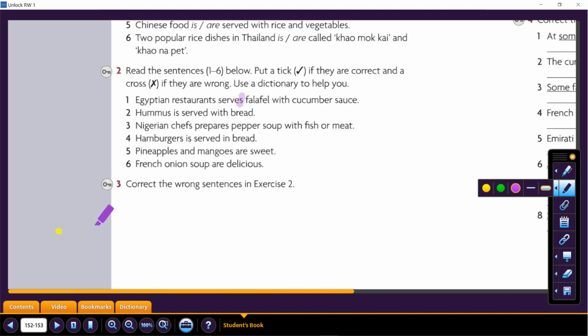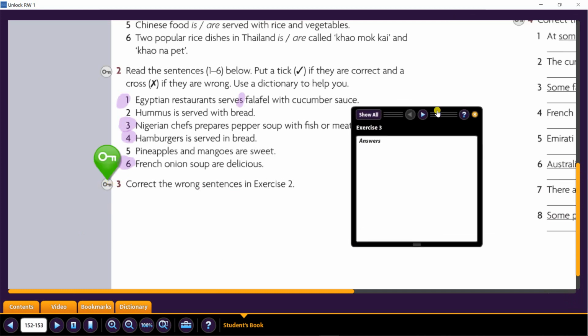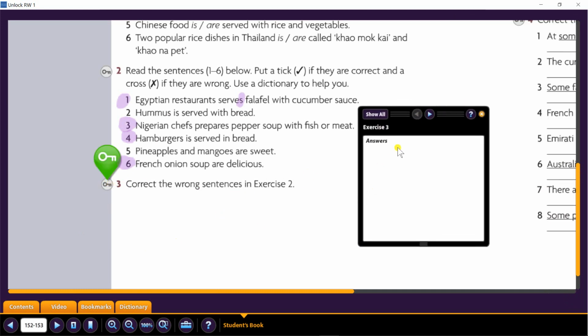Omit S. What about number 3? Number 4 and number 6. Correct them. Okay? Try to correct them, ladies. Pause the video, try to correct them, and come back again to see your answers.